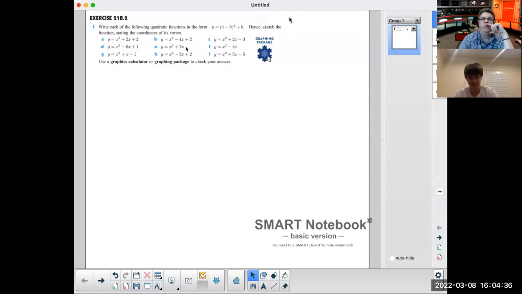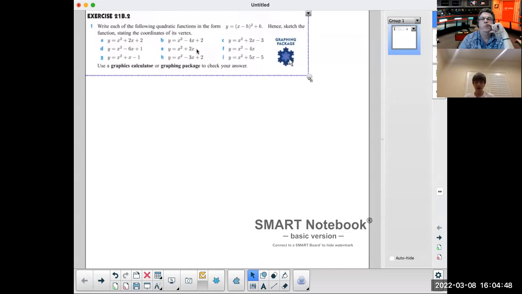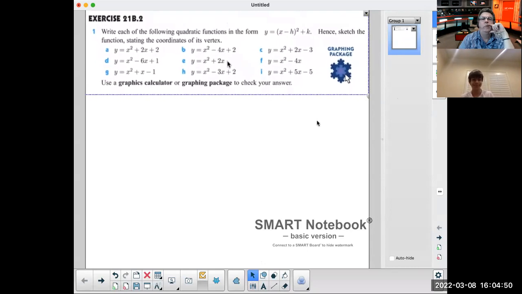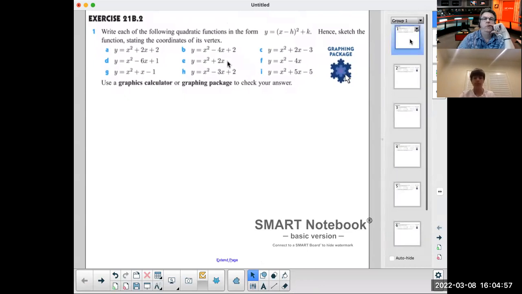All right. Write each of the following quadratics in the form blah, and sketch the function, stating the coordinates of the vertex.